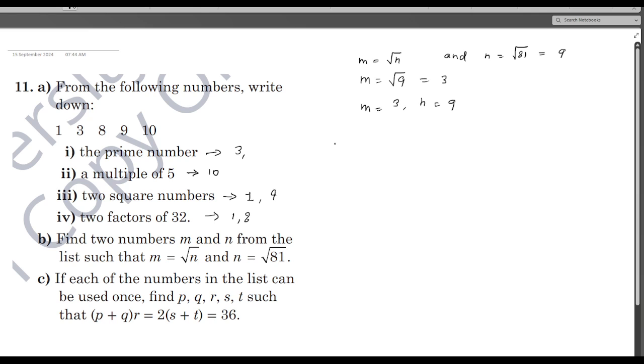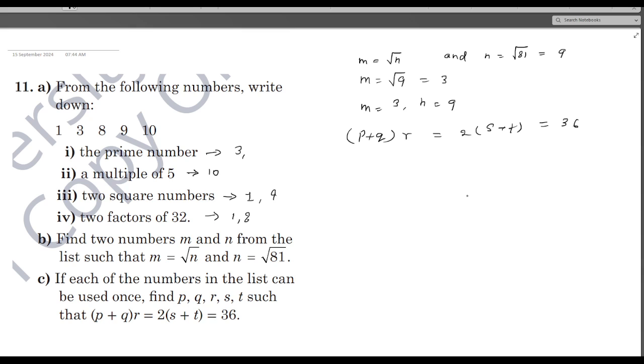If each of the numbers in the list can be used once, find p, q, r, s, t such that p plus q times r is equal to 2 times s plus t is equal to 36. Okay. So p plus q times r.